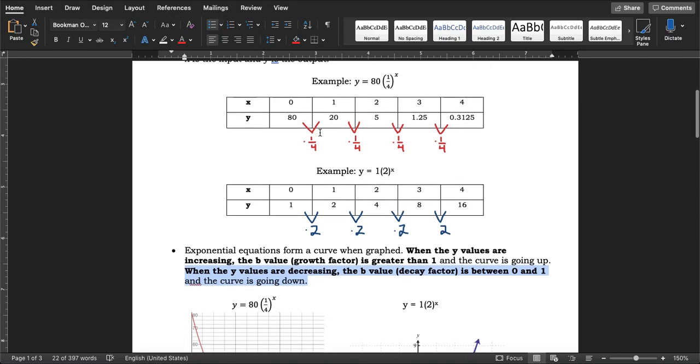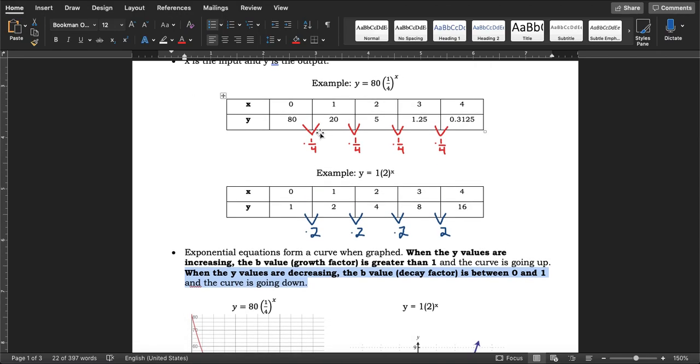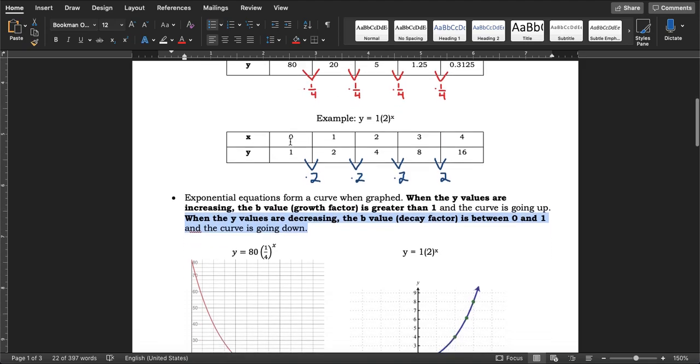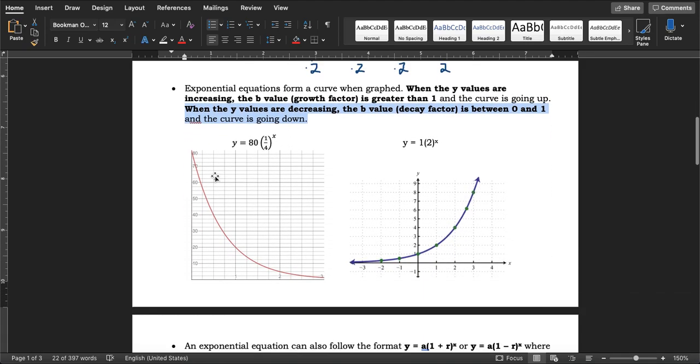And we know that the y values are going to be decreasing if that number is between 0 and 1, as we're seeing here. 1/4 is between 0 and 1. So when we multiply by 1/4, that caused the numbers to go down, which means that the curve is going to go downwards when graphed, as we're seeing here when we graphed the equation.